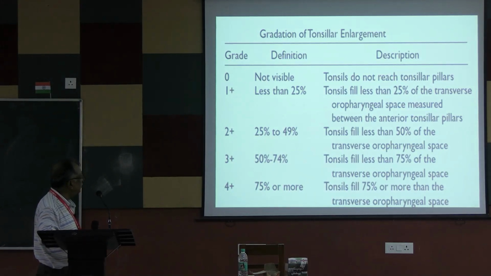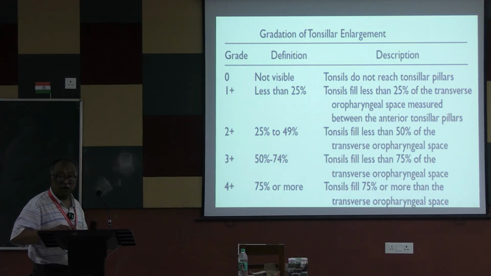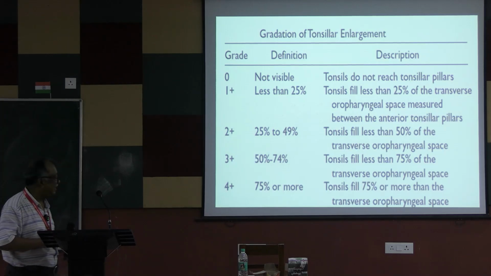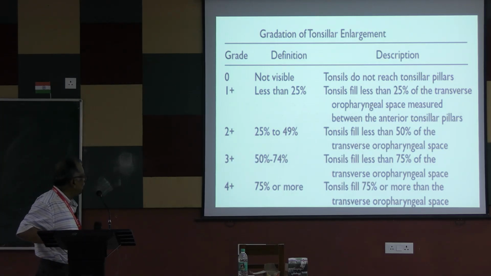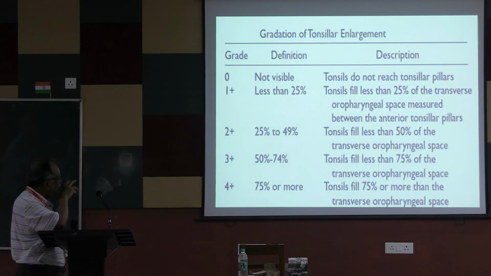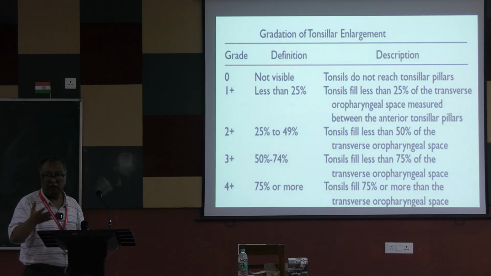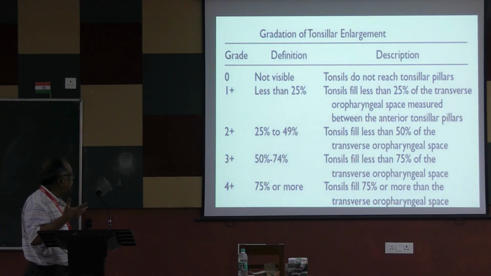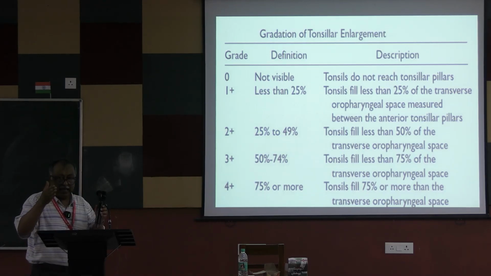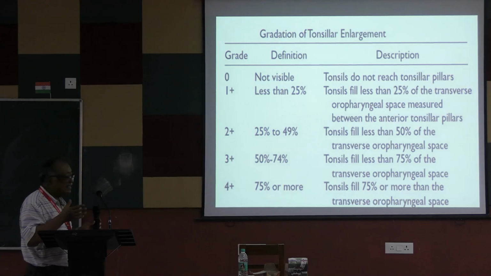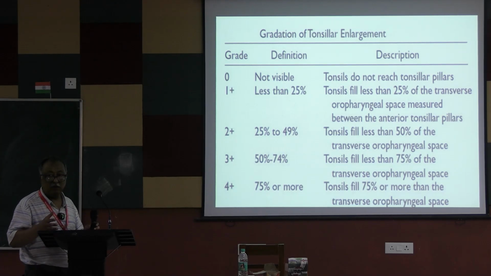Now, gradation of the tonsil enlargement. Sometimes you will see in the diagnosis it is written grade 1 tonsil, grade 2 tonsil, the enlarged tonsil. What is grade 1 and grade 2? When the tonsil is not beyond the pillar, that is almost 0 or plus 1, it is less than 25%. That means it is the space between the two tonsillar areas. If less than 25% is occupied by the enlarged tonsil, then we say this is a grade 1 tonsil.